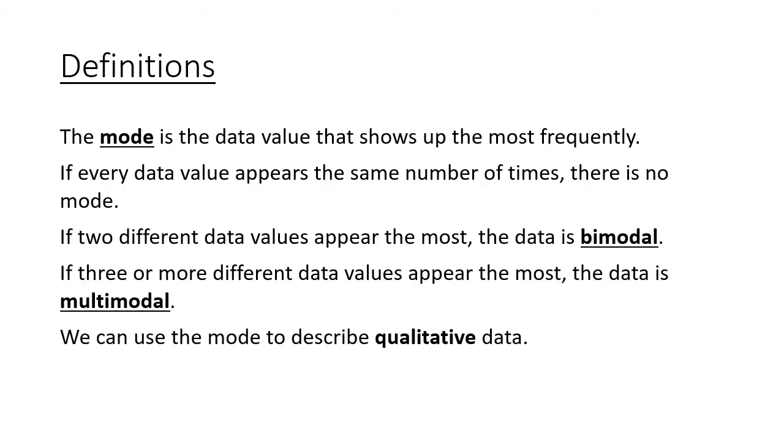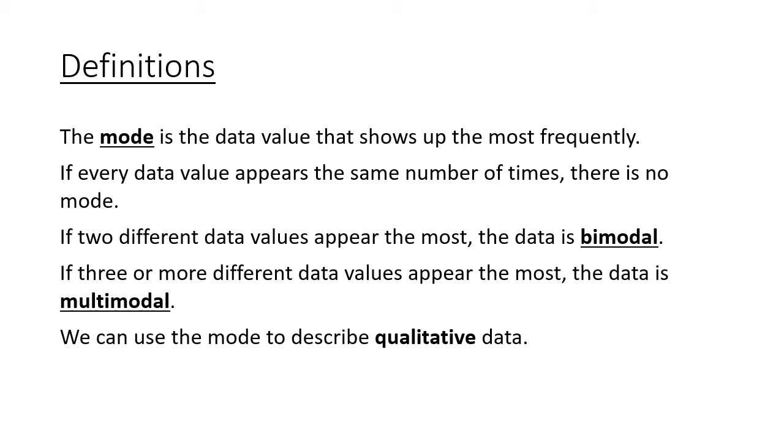Now, the last center we're going to look at is the mode. And mode simply means it's the value that shows up the most frequently. Now, sometimes you'll look at a data set and nothing shows up the most times, which means there is no mode. Also, sometimes you'll look at a set of data and 2 data values appear the most. In this case, the data is bimodal, and both of those values would be our mode.